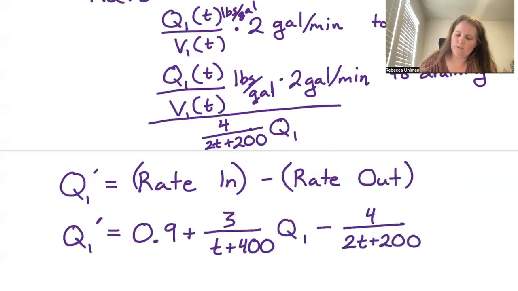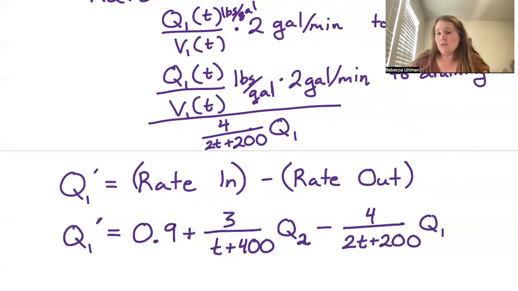Sorry, that first one should have been 3 over T plus 400 times Q2. So the rate of change of pounds of salt in tank 1 depends on both the amount of salt in tank 1 and the amount of salt in tank 2, as well as time.